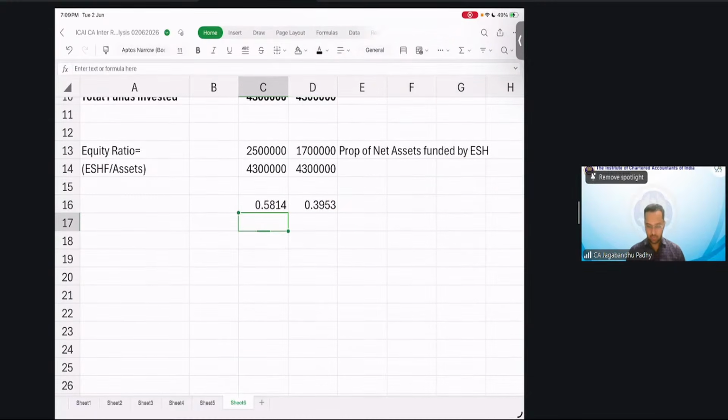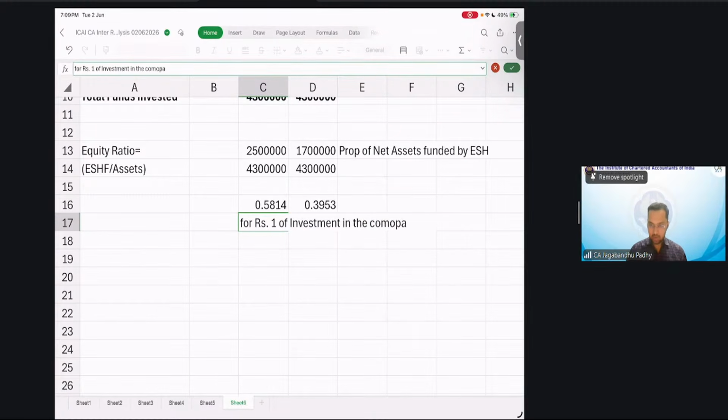So for rupees 1 of investment in the company, 0.5814 is from equity shareholders, right?